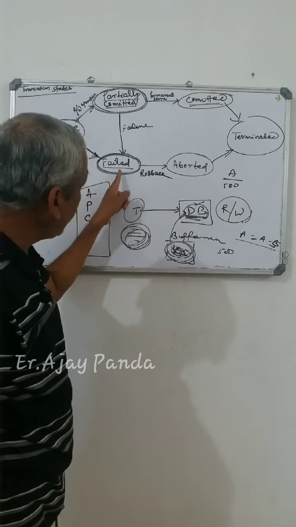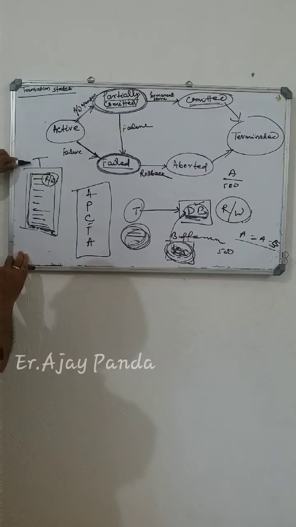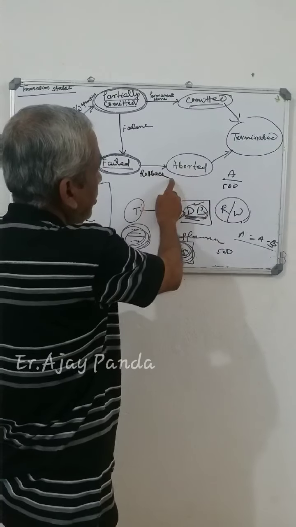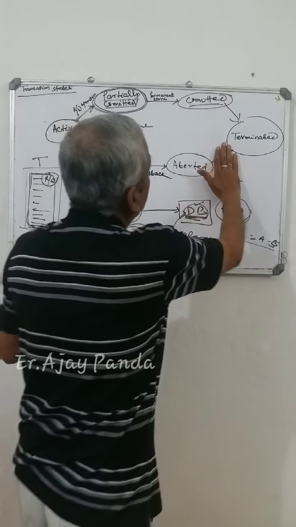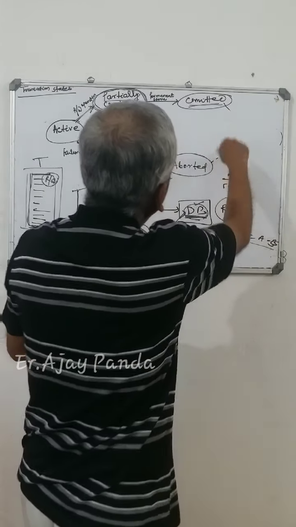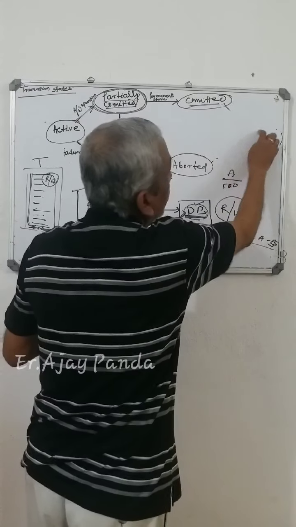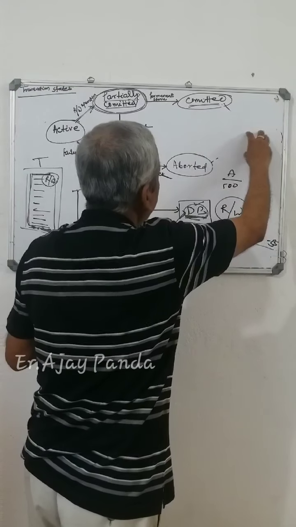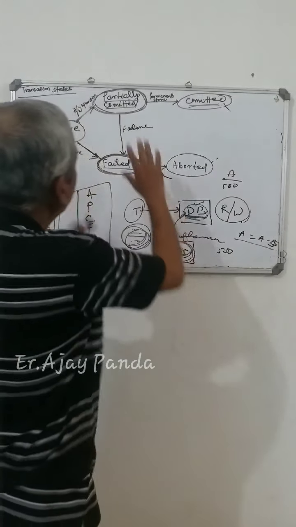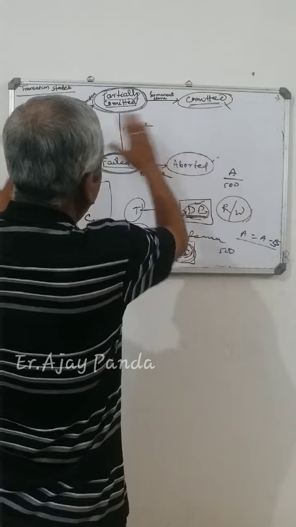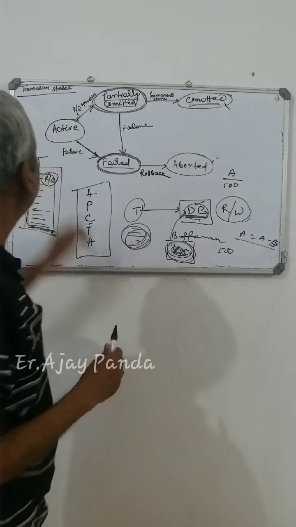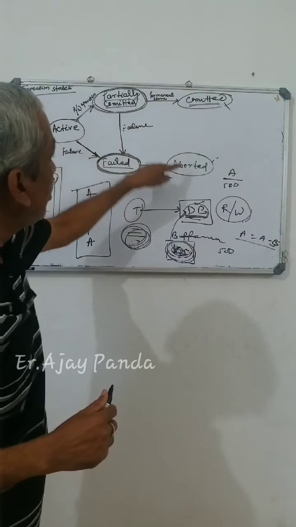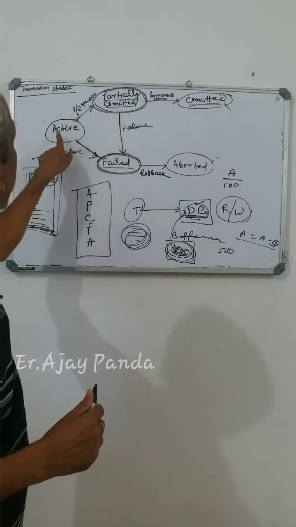Once it is in the failed state, it will roll back to the original one. That means the aborted state. Roll back to the aborted state. This is the end of this. After that, it will be terminated. Some books do not include this last state, the terminated state. So basically five states are there in the transaction states: active, partially committed, committed, failed, and aborted.